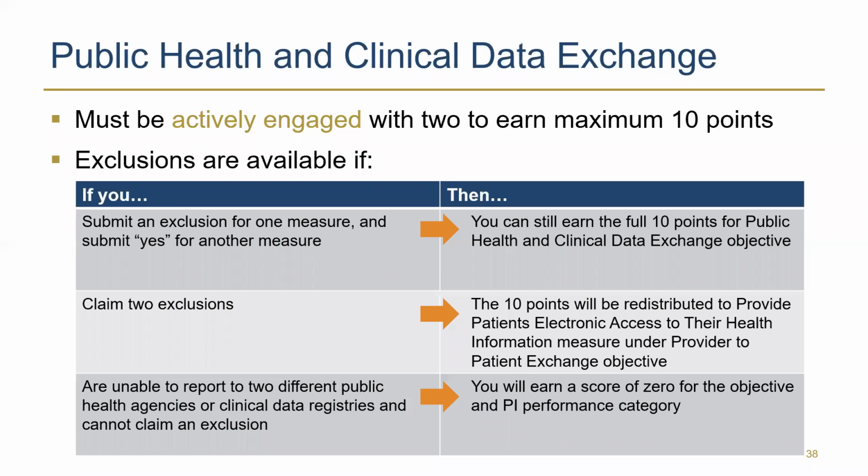The second is you can claim 2 exclusions if there are none available for reporting, and then the 10 points redistribute to provide patient electronic access.